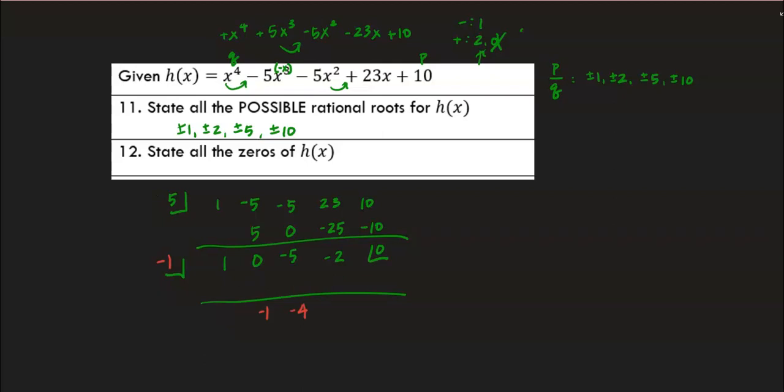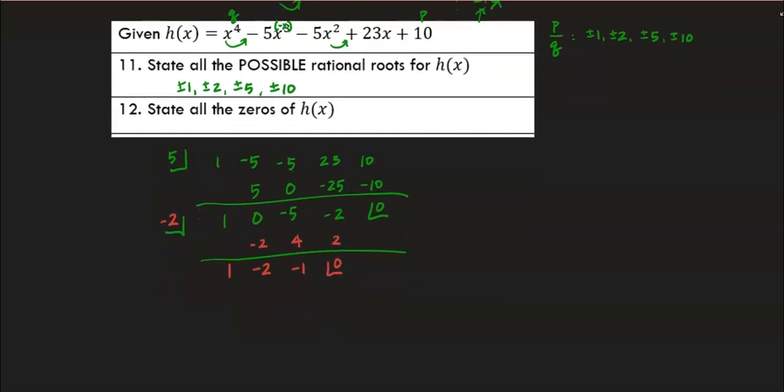Let's try -2. 1, -2, -2, 4, -1, 2. That worked. Okay, so we end up with x squared minus 2x minus 1. Set that equal to 0.